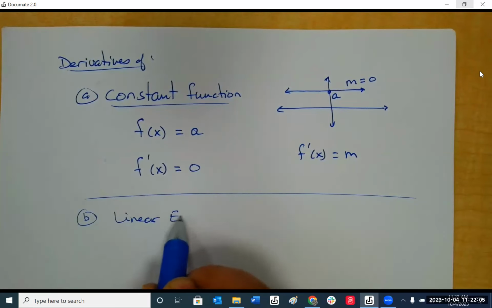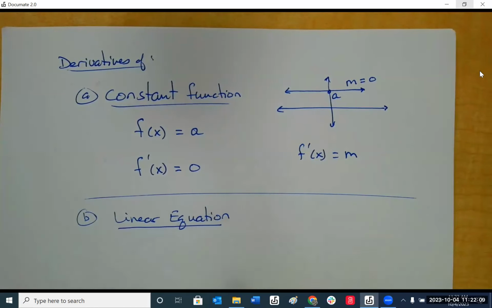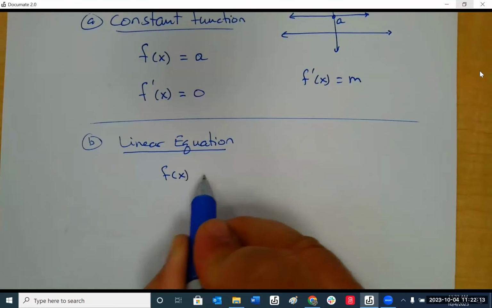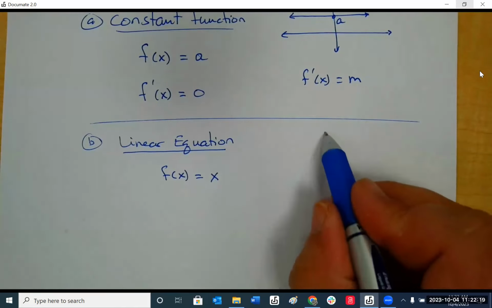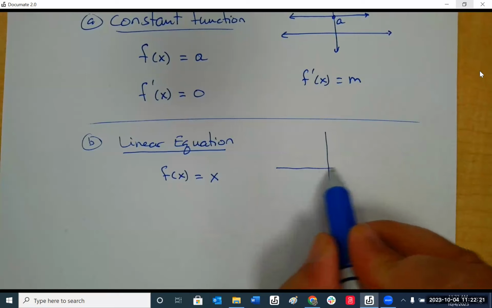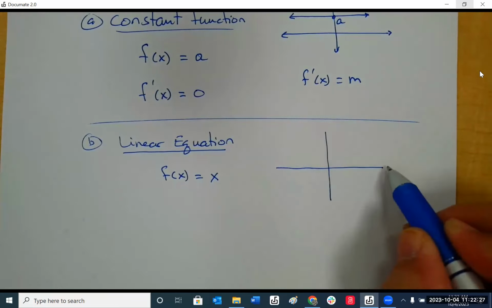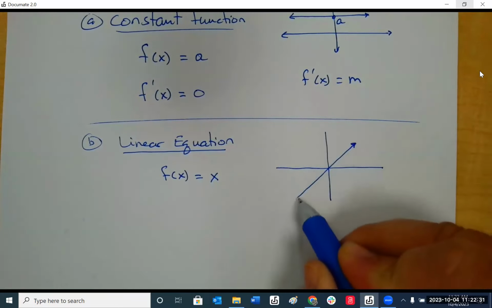A linear equation: f of x equals x. The graph of this function is the diagonal line.